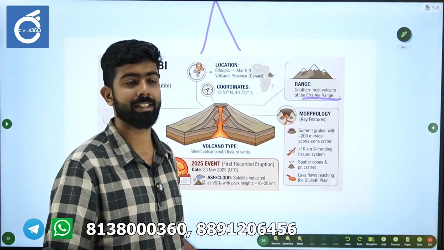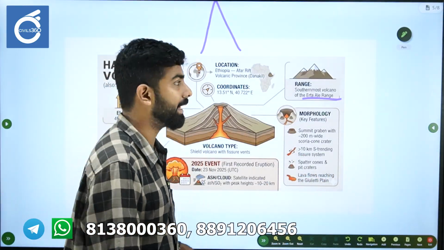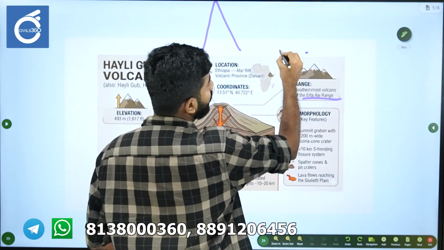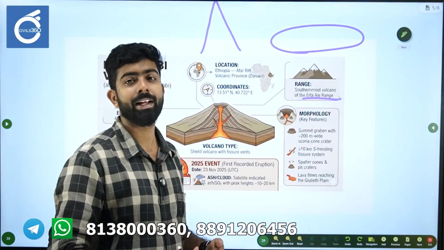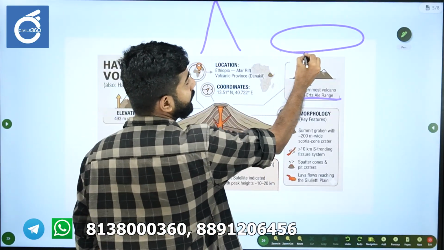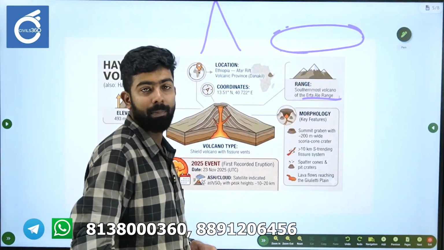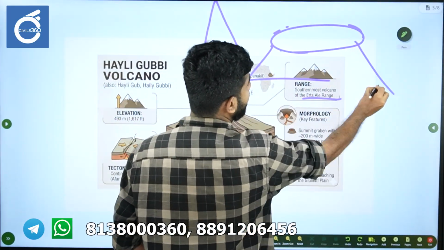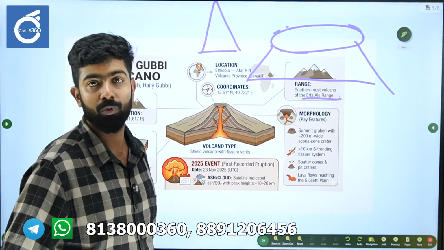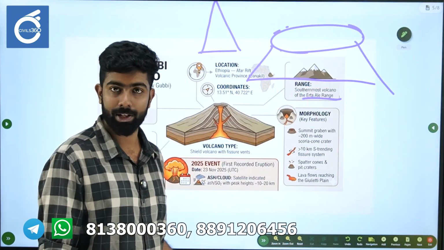It flows more easily, and it spreads out over a large area, creating a large, wider cone-like surface, right? So this is the surface through which the magma comes outside. This is a shield volcano, and this is a stratovolcano. I hope these two types of volcanoes are clear.